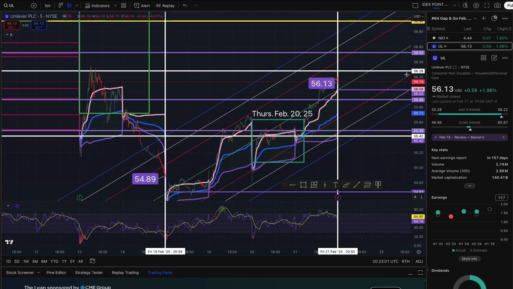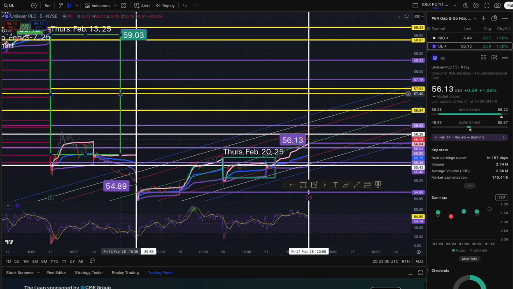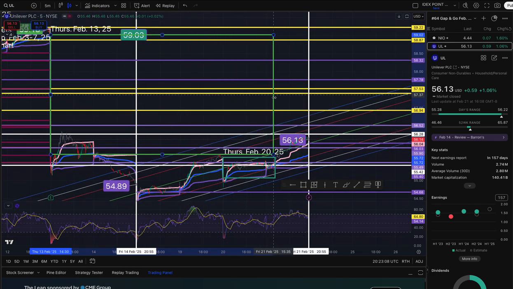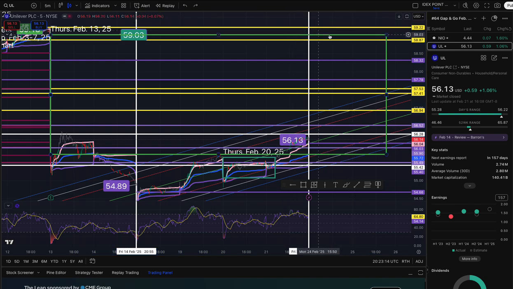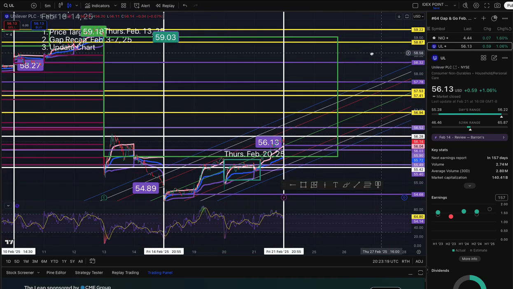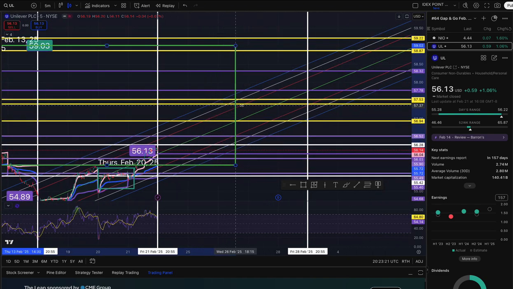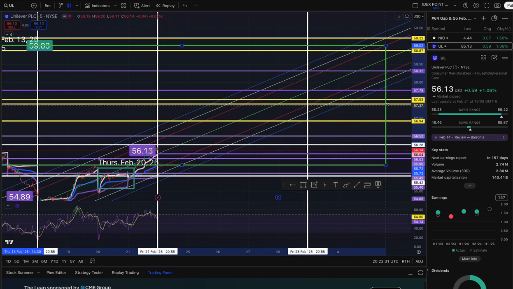Now for the next gap up, I will anticipate a move all the way to $59.03. Oops. We are not in this channel to take it out. So if we're lucky, this will hit, well, this is not going to hit till the end of, in 2 weeks possibly.